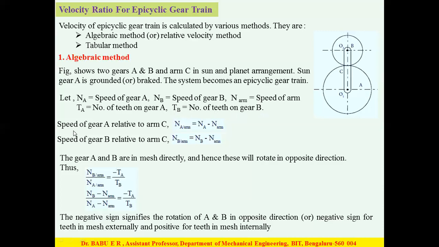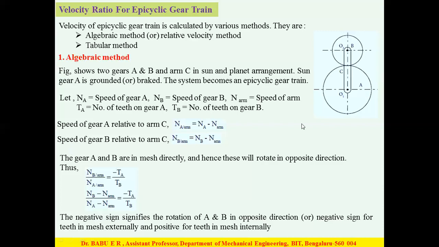Now I will find out the speed of gear A relative to the arm. That is what we call the relative velocity method. The speed of gear A relative to the arm is given as NA with respect to the arm, which equals NA minus N arm.